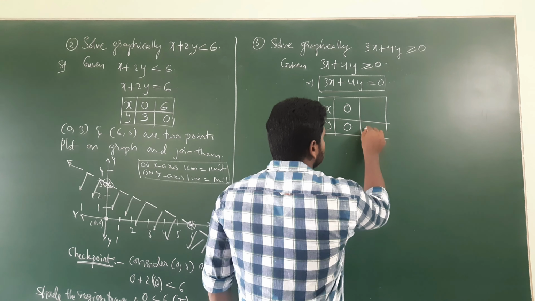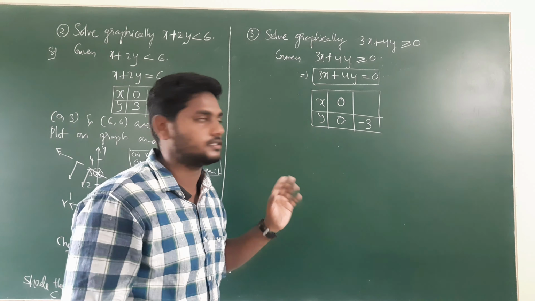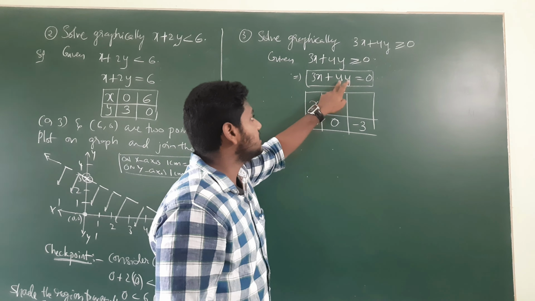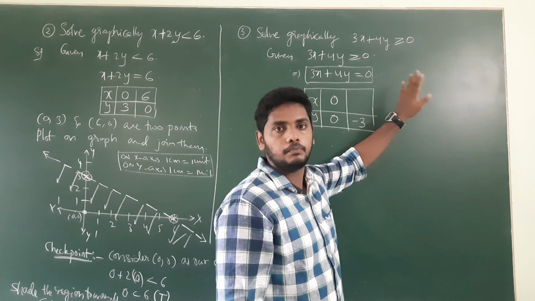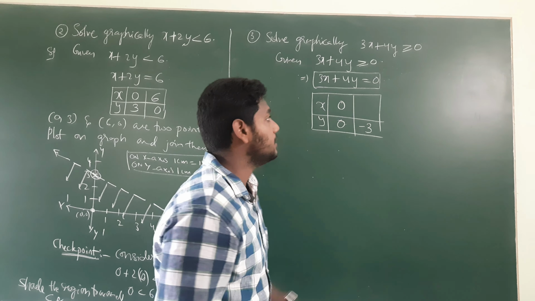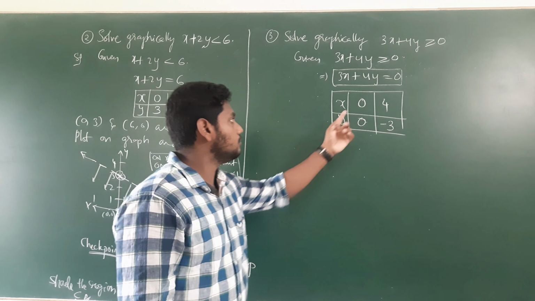I will consider y equal to minus 3. Your wish, any real number you can consider. If y equal to minus 3, 4 times minus 3 is minus 12. Moving that minus 12 to the right side gives plus 12. Then 3x equal to 12, x equal to 12 by 3, nothing but x value 4. Now these are the points.